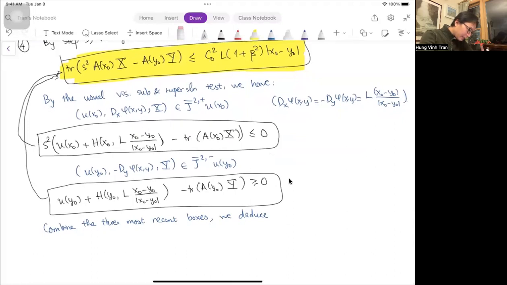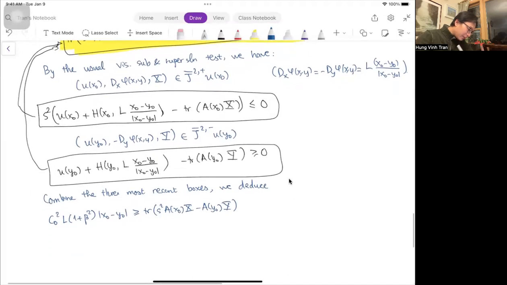On the one hand, C naught square times L 1 plus beta square times |x naught minus y naught| is greater than or equal to the trace of S square (A x naught X minus A y naught Y), right?